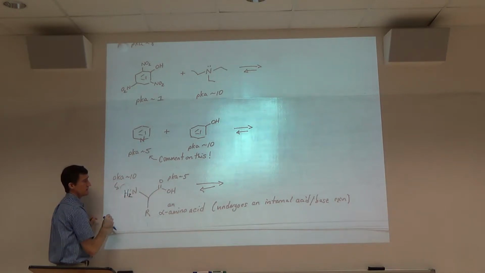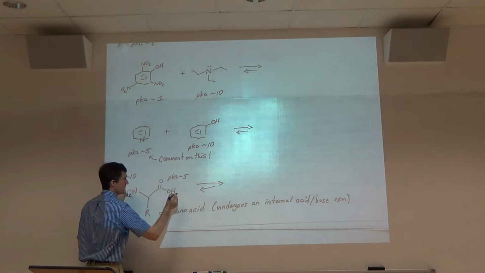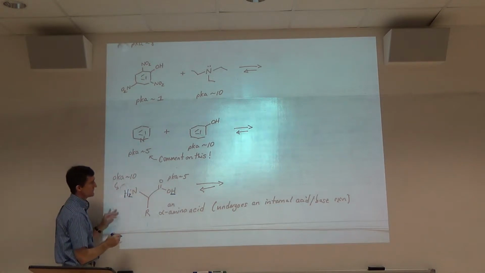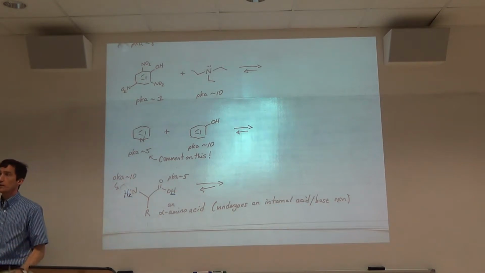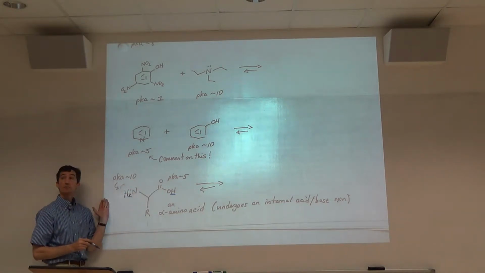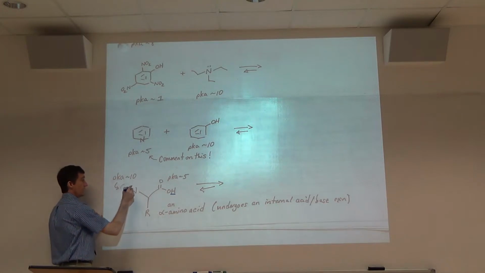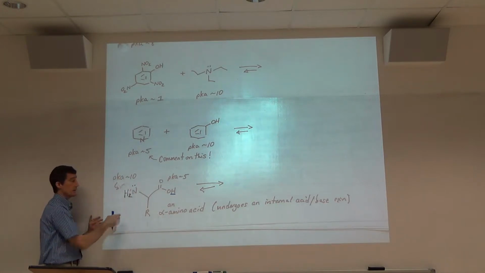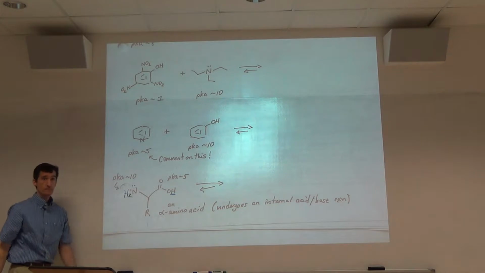It's more acidic than this. Here's your acid. Where's your base? How do we judge bases? They're either anions or what? Neutral nitrogens, sp3, sp2 especially. There's no anion. Do you have a neutral nitrogen? Yeah, right there, sp3 nitrogen. There's your base, there's your acid.